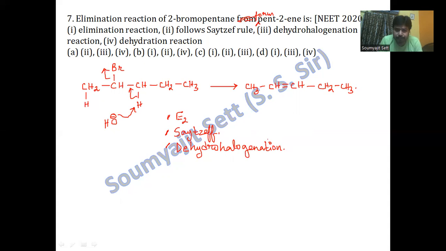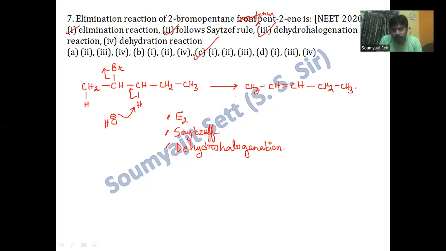So among the given options, elimination is applicable, Saytzeff rule is applicable, dehydrohalogenation is applicable. Dehydration, no, dehydration is not occurring there. So options 1, 2, and 3 are the correct answer.